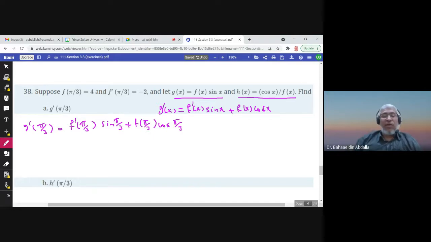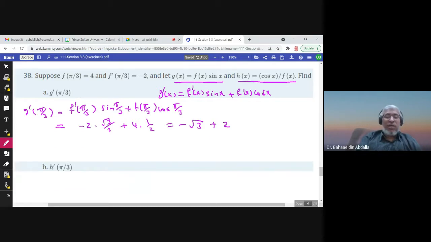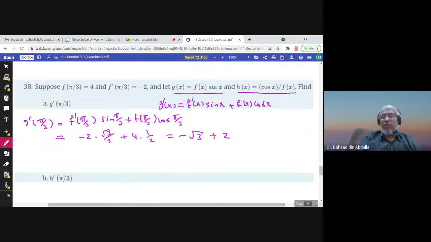Sine pi over 3 is square root of 3 over 2, and f prime pi over 3 is negative 2. Cosine pi over 3 is just half, okay, times f of pi over 3, which is 4, so plus 4 times half. So it would be negative square root of 3 plus 4 over 2 is 2, so that's the answer.